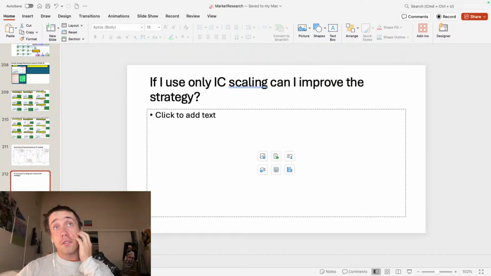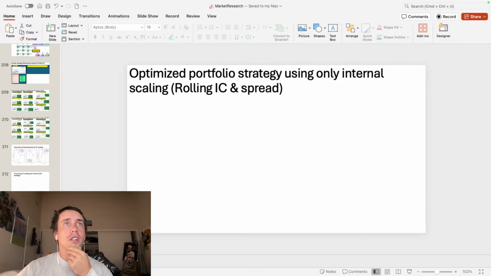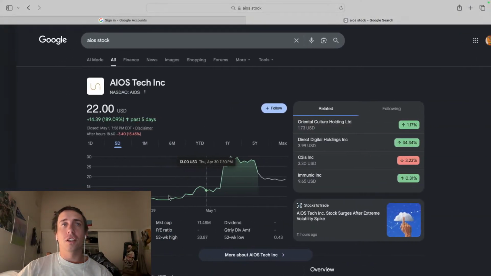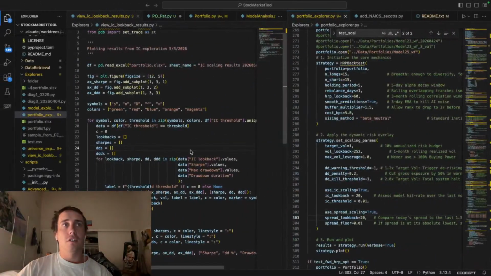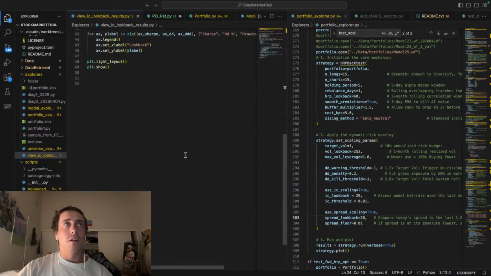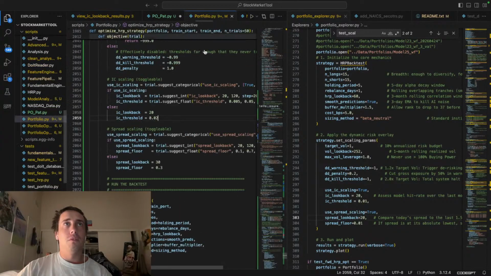So now let's see if I use only IC scaling, can I improve the strategy? What if the only things I allow to vary are IC scaling and spread scaling?